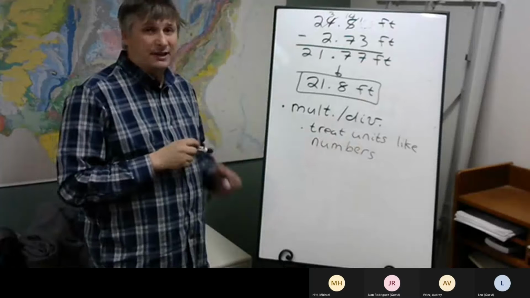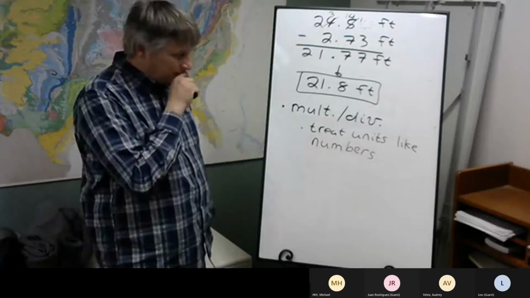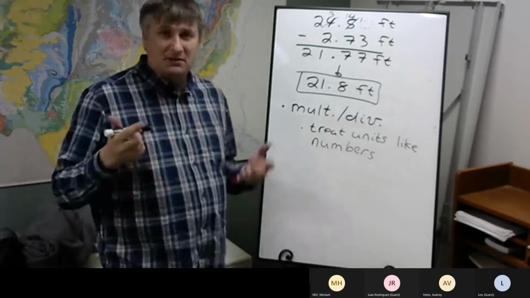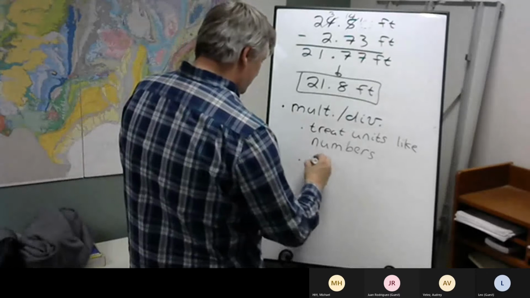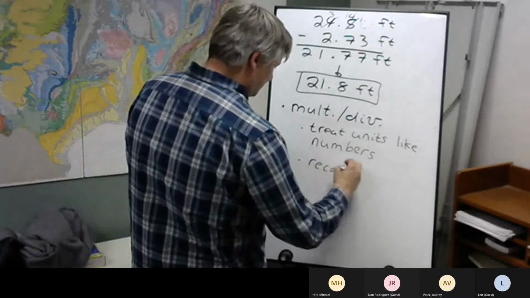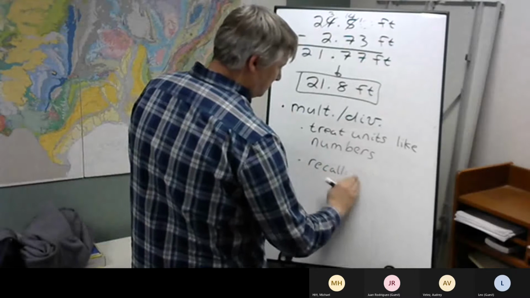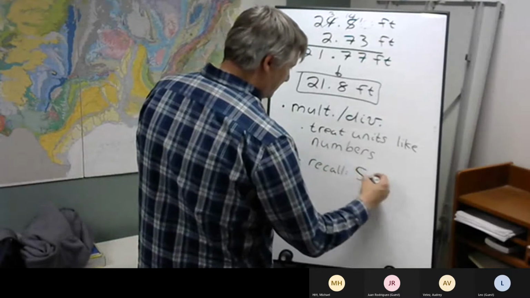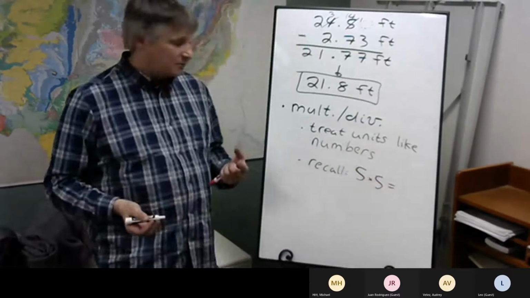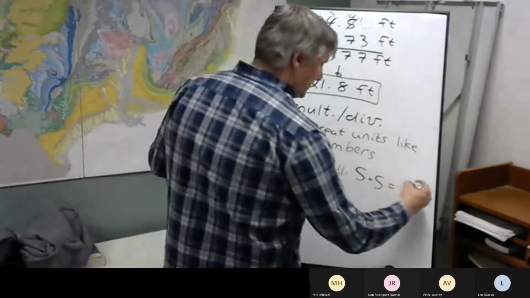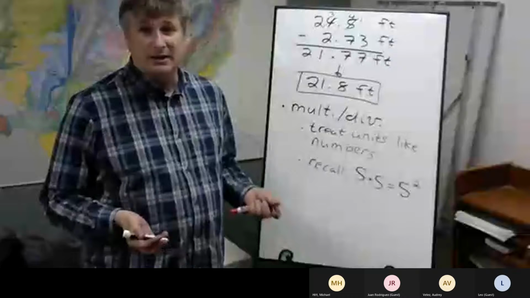We're going to treat units like they're numbers. So how does this work? Well, what I mean to say is we have inches times inches. So let's say we recall working with numbers. Let's go with 5 times 5. If you have 5 times 5, you'll get 5 squared. We can represent it as an exponent.